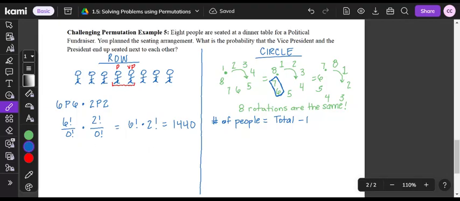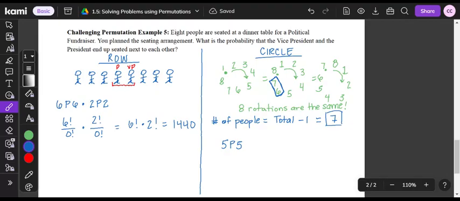If I group one of them together and treat them like 1, and I know now I'm working with 7 people, not 8, and I just grouped 2 of them together into 1, that means there's 5 remaining seats instead of 6. Even though, yes, I know there are 6 physical seats, for a circle, we treat it like it's 5. So this is actually 5 permute 5, okay?